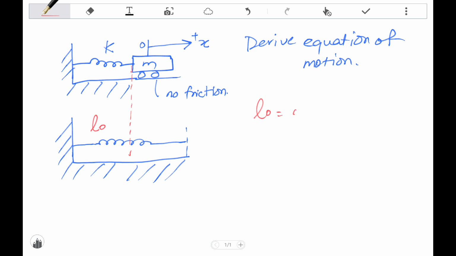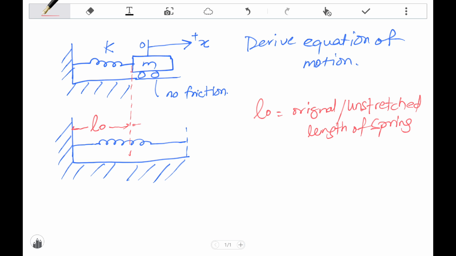So L0 is the original, unstretched length of the spring. And here, this is the displacement x that the cart or the mass moved. And then the whole thing is called the stretched length.